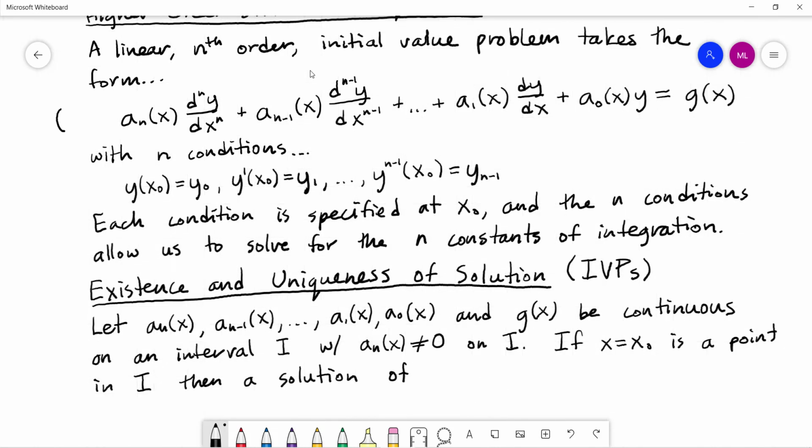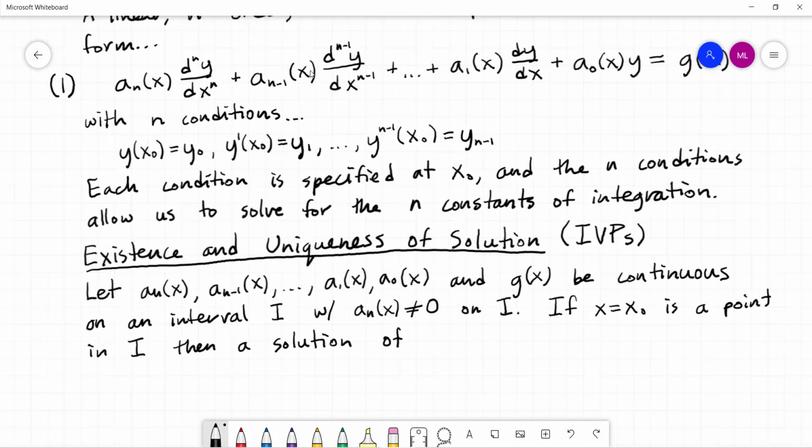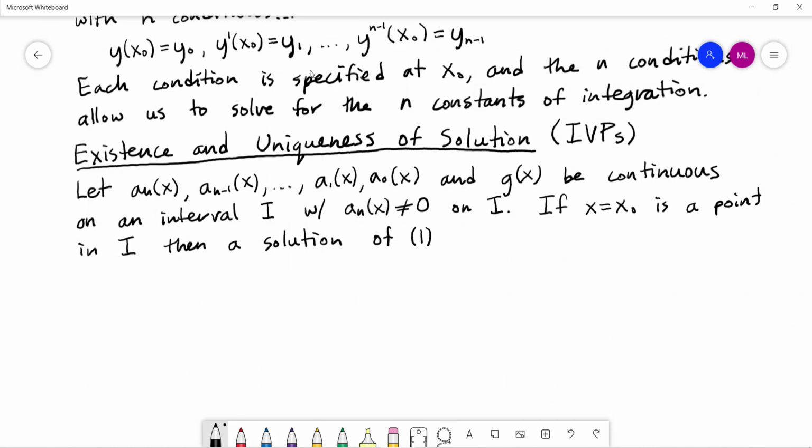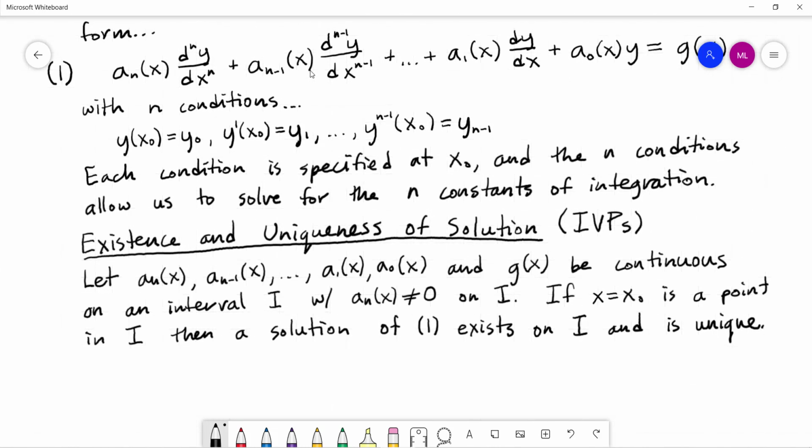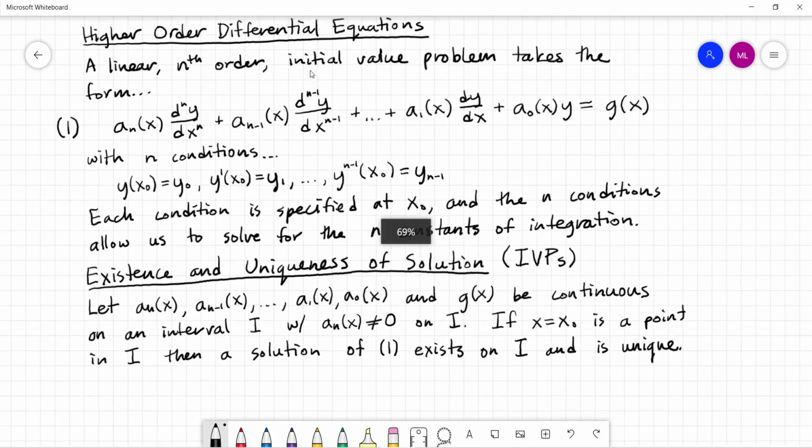So let's call this equation 1. A solution of equation 1 exists, and furthermore, at least on that interval, let me make that clear, and is unique.